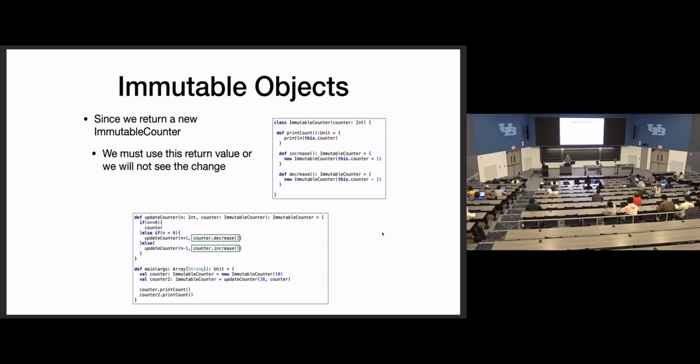There's no state change, so if we just call counter.decrease on its own line, we're not going to see any of the changes because the object that we have a reference to has not changed. So we have to use the return values. These immutable counters that are returned, which are the new counters with the change applied, we have to use references to those returned objects.